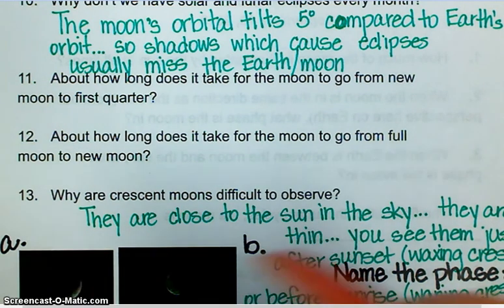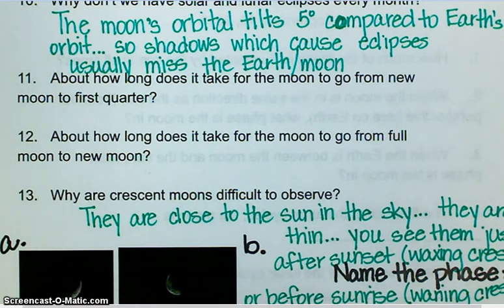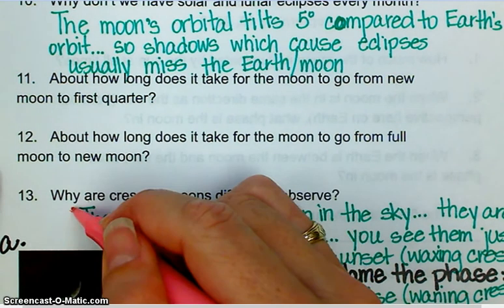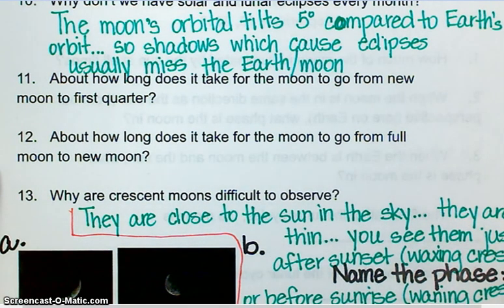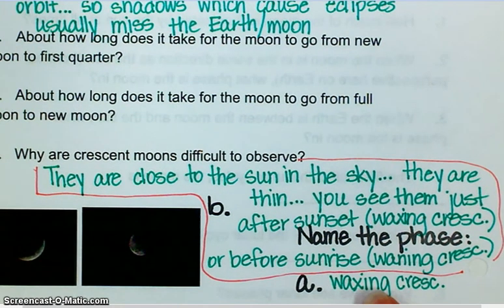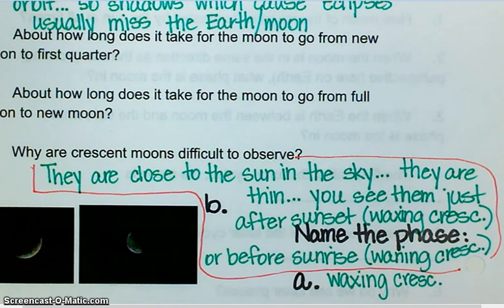They're too close to the sun in the sky. Are we good? You'll have to fuss at me when my writing goes off the screen and you can't see it.